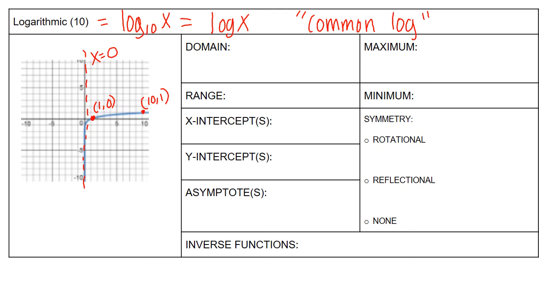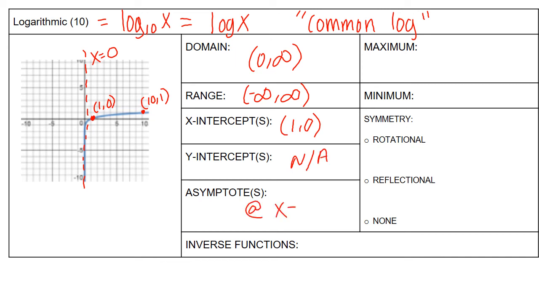And then all of my other attributes are the same. 0 to infinity, negative infinity to infinity, x-intercept at 1, 0, no y-intercept, asymptote at x equals 0, no maximum, no minimum, and no symmetry.